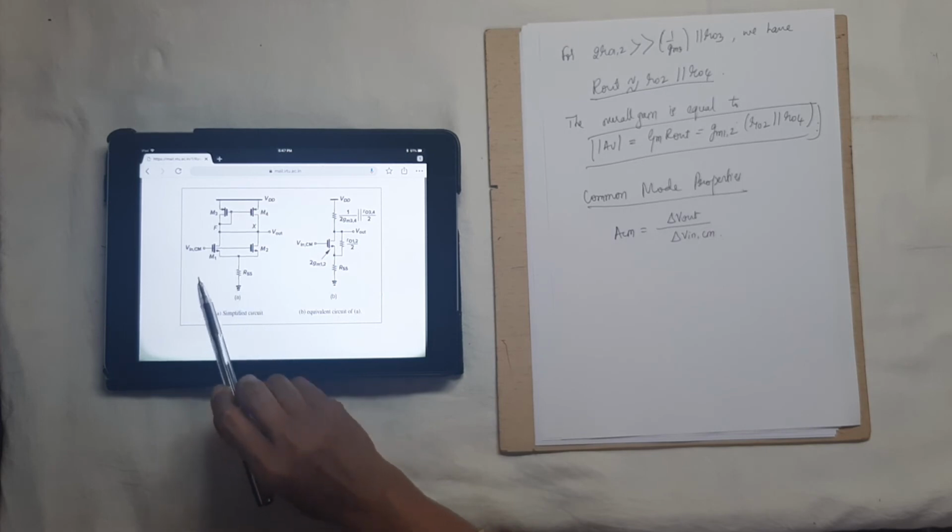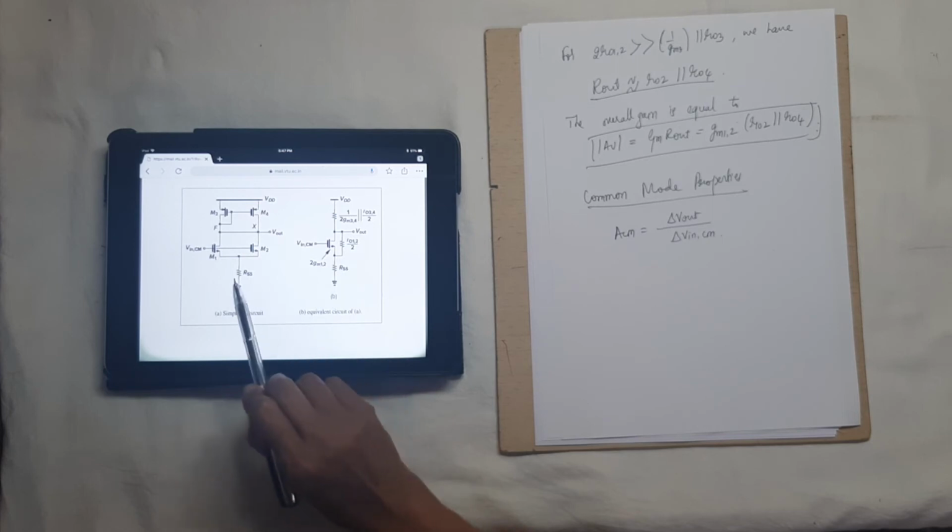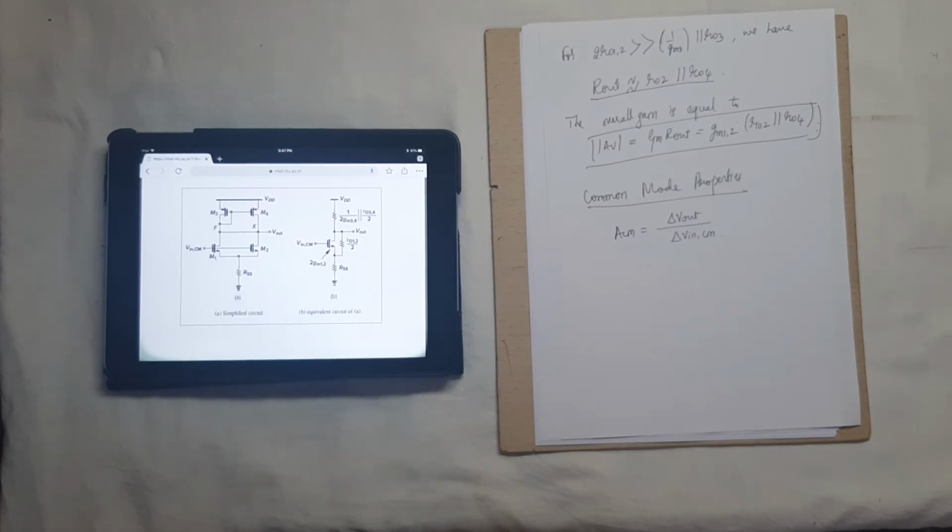Similarly, these two transistors can be represented like this, and we have the RSS resistance. Here M1 and M2 appear in parallel, and so do M3 and M4.